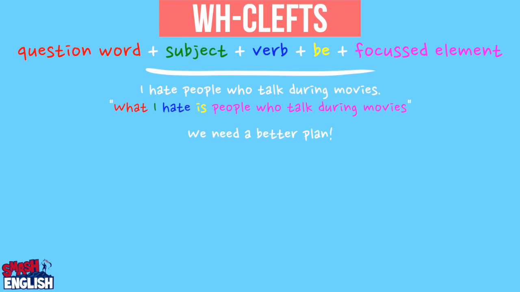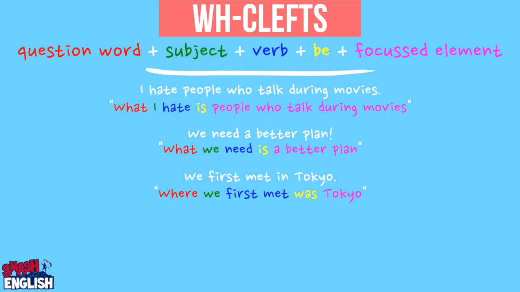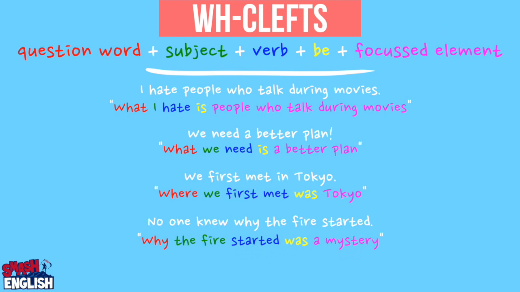We need a better plan would become, what we need is a better plan. We first met in Tokyo would become, where we first met was Tokyo. And lastly, no one knew why the fire started could become, why the fire started was a mystery.